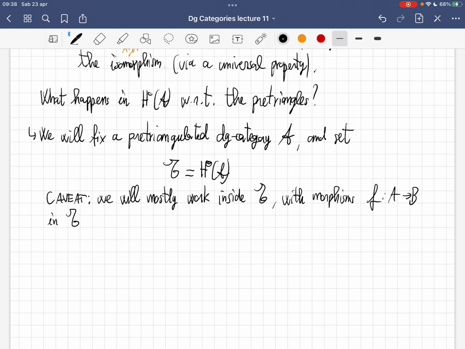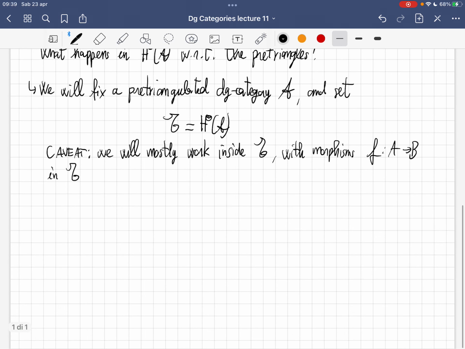So we'll have this little, I hope, abuse of notation. Depending on the context, f will be itself a cohomology class, but sometimes it will refer to some representative of its cohomology class. And so sometimes we will still need to work inside here with actual morphisms and not classes, not morphisms in the homotopy category.